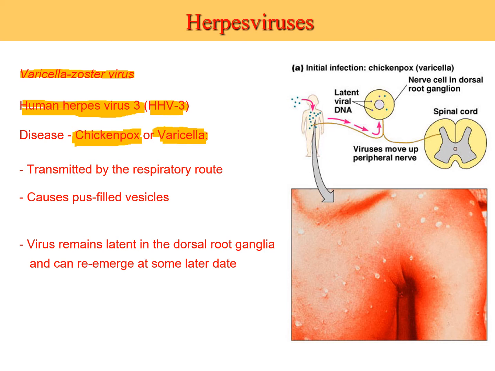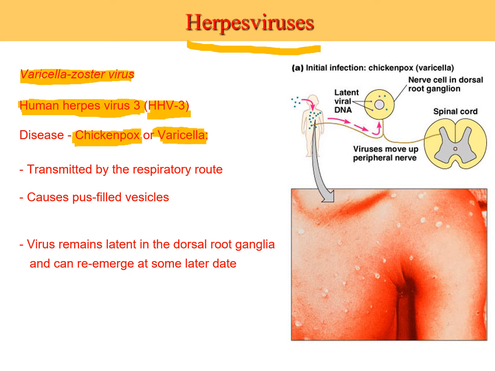It's also called varicella, and the virus has this name, varicella zoster, or more recently they've tried to categorize and make it simpler for the human herpes viruses. It's called human herpes virus 3.